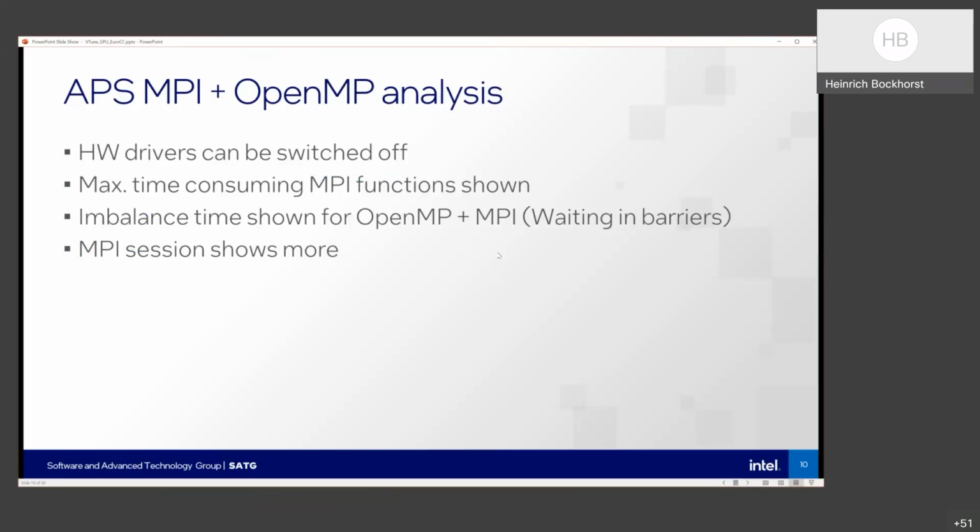What's interesting is the measurement of the imbalance time, which is basically waiting in barriers for OpenMP and MPI, and also waiting time in collective operations or in receive operations, or when the send is not there. So it's computing all the wait time, which indicates that your application might not be perfectly balanced, and you can gain the time that's calculated here if you have a perfectly balanced application.